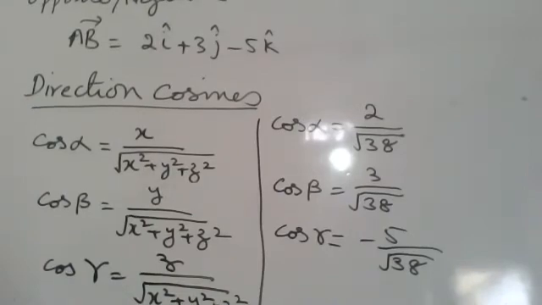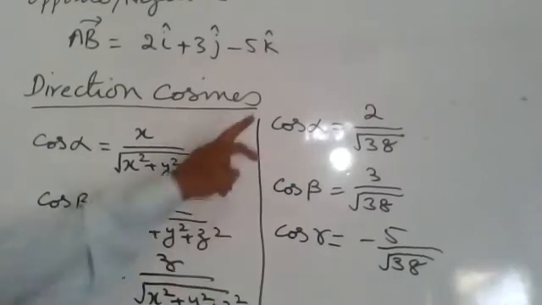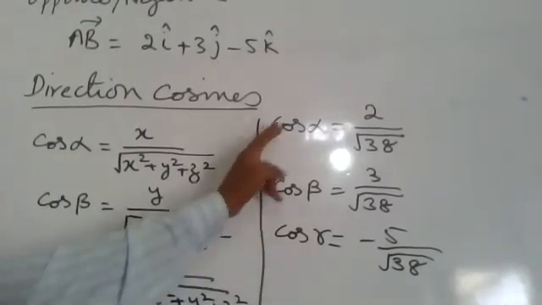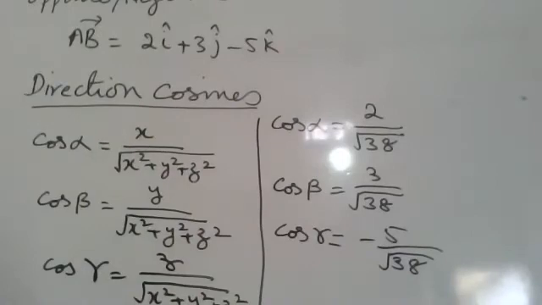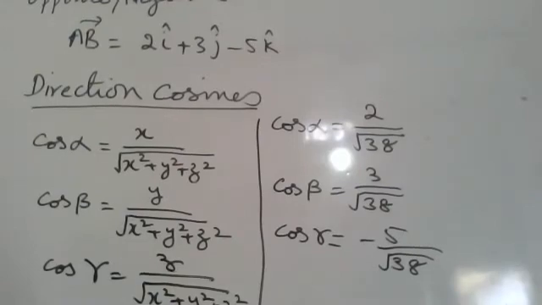So I think you have understood how to find the magnitude and how to find the direction. When we are asked to find the direction cosines, we will find this one only. No need to find cos inverse. No need to find the angle alpha by taking the cos inverse of 2 upon under root 38, unless we are asked to find the angle.